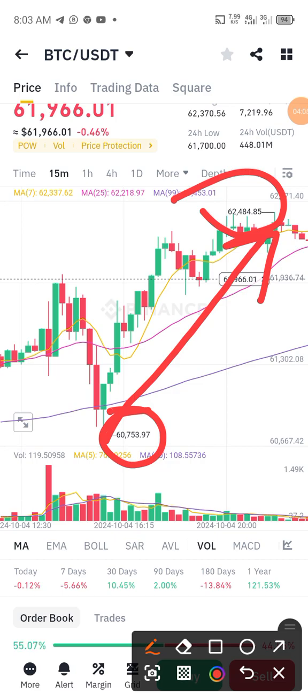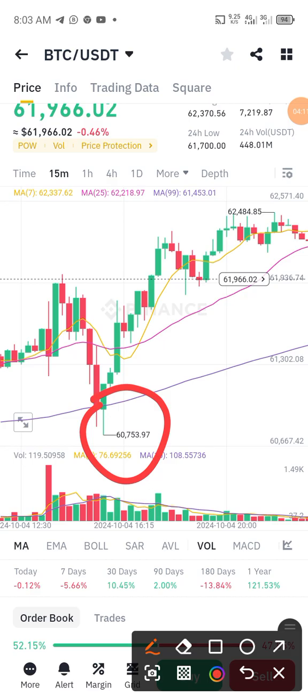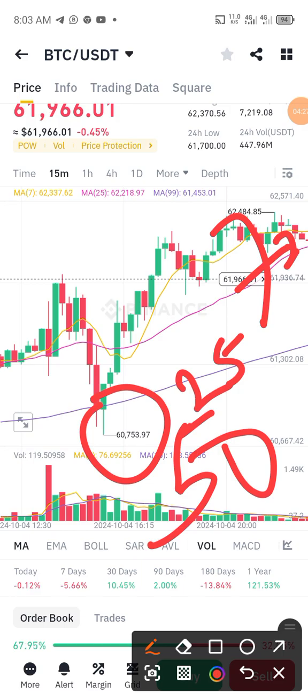This is what we'll be looking at, because if you had staked just a little, like 50 USD, and it reached this 62, you automatically get 70 above, which is roughly 25 USDT in profit.